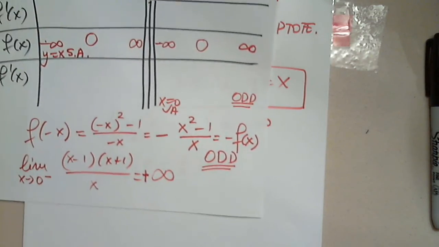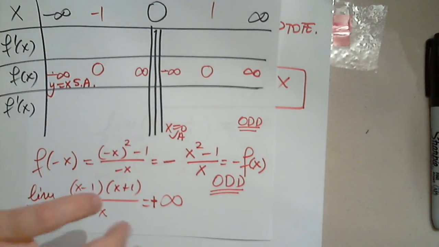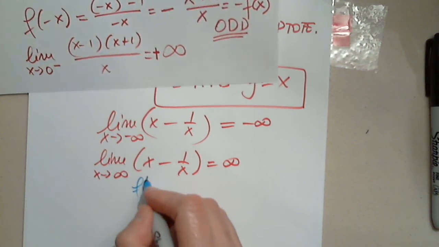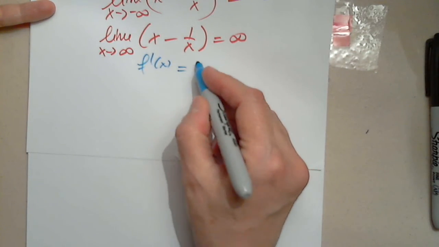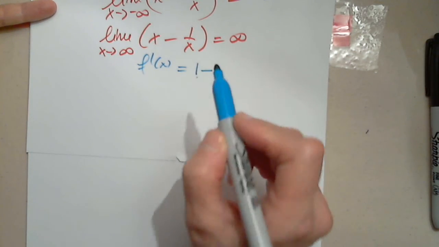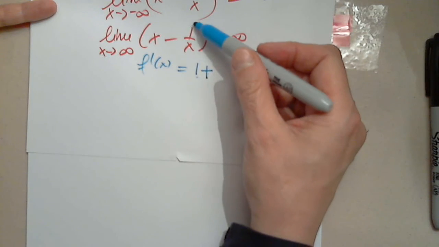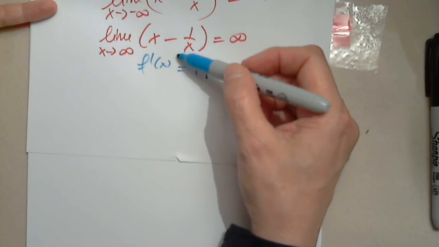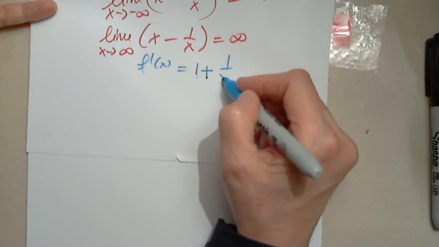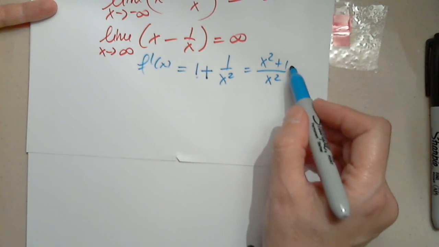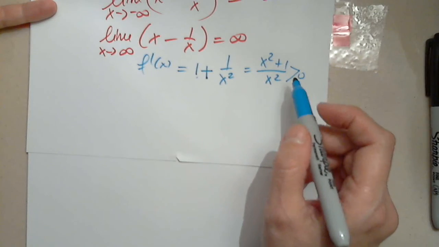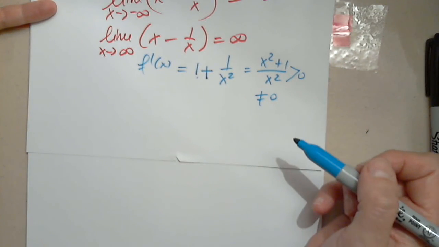So when I differentiate to find f prime, remember when I differentiate this we have negative 1 over x squared but plus 1 over x squared, so this is x squared plus 1 over x squared. No problem, always positive, never 0.